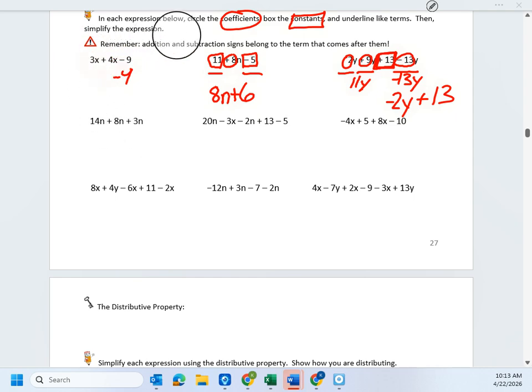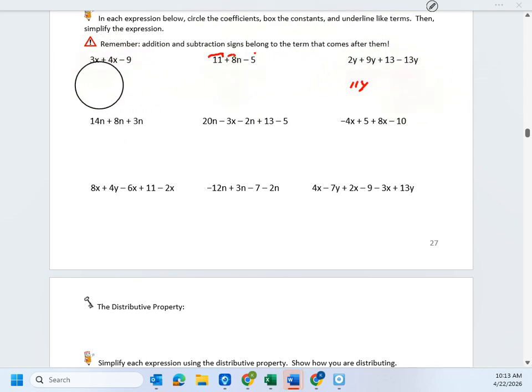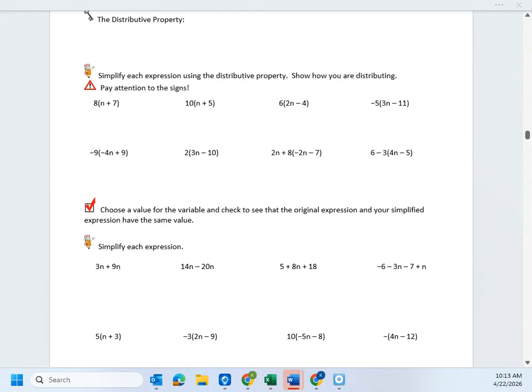Let's look at our second page on the distributive property. So the distributive property looks like this, and we have a Khan Academy about this. If we have those parentheses, what does that mean when I have the variable outside of the parentheses, right next to it?